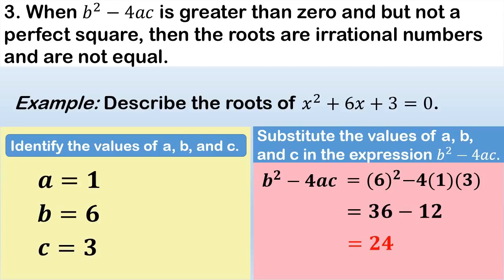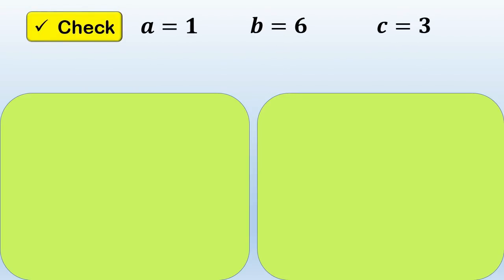Now let's determine the values of the roots of the given equation. So dapat ang magiging roots ay irrational numbers and not equal. So let's check using the values of a, b, and c. Again, let's use the quadratic formula for identifying the roots of the equation.